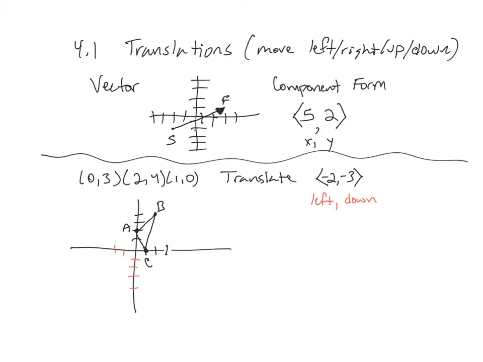Okay, so the A number, so if I go to the left 2 and then down 3, I'll end up here. And we call that A prime. It's like a little apostrophe. And then for B, to the left 2, down 3, I should have maybe made the numbers a little bit bigger, but to the left 2, down 3, and then C to the left 2 and down 1, 2, 3.